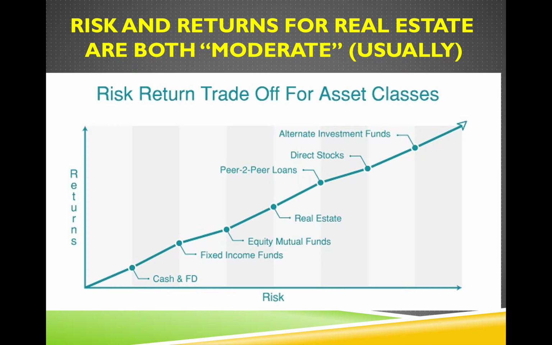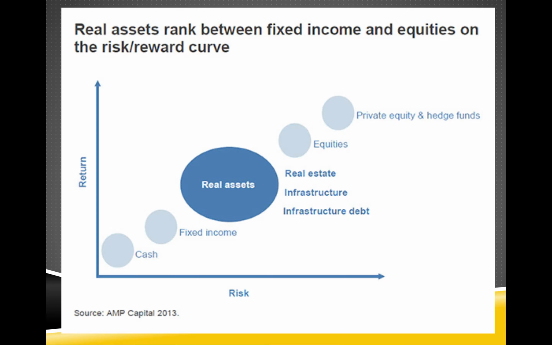But as we see, that can really fluctuate from decade to decade or even over very long periods of time. So again, real estate generally falls somewhere between equities and fixed income in terms of standard deviation and also in terms of annualized rate of return.